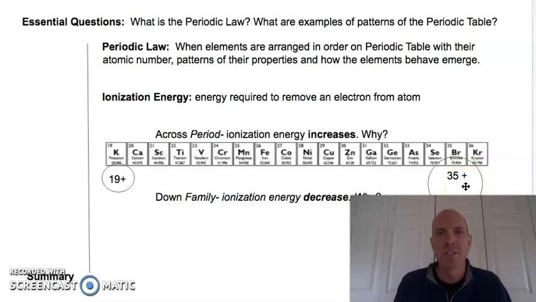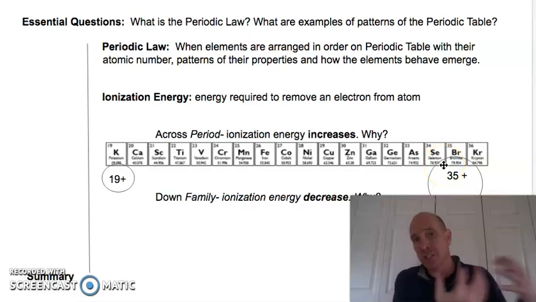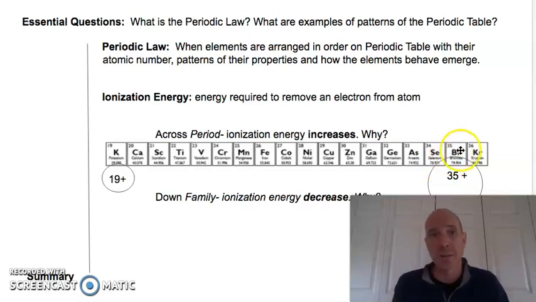So which one of those has got a bigger attractive positive force? It's the bromine. And so if we're thinking about keeping electrons, negative charges, close to us, which one's going to have a bigger pull on the electrons? Bromine. It's got a bigger positive charge. And so it's a lot harder for bromine to lose electrons.